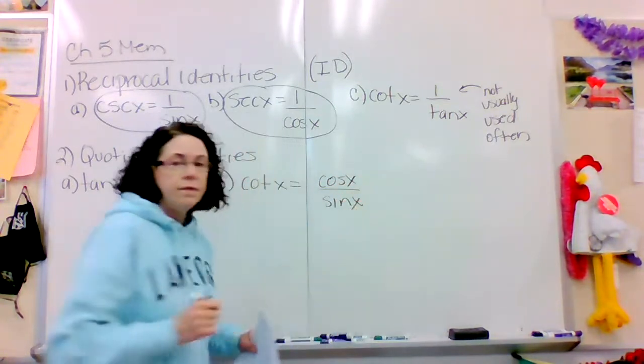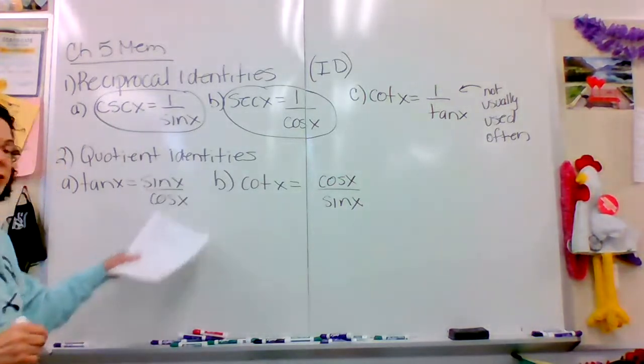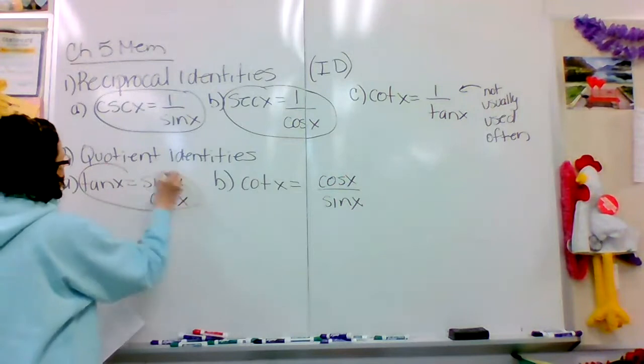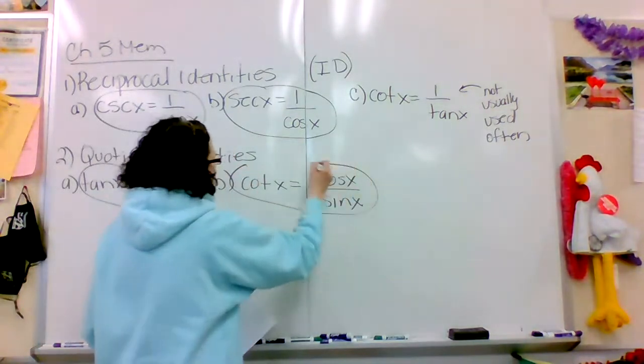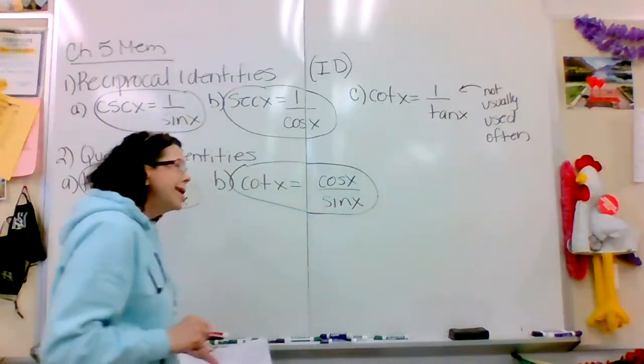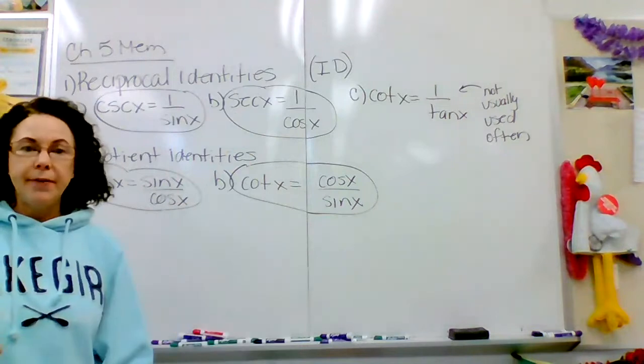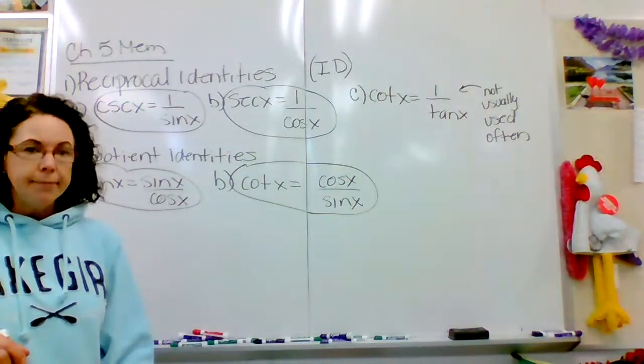These are both very useful, and they're called quotient identities, obviously, because they're quotients. I would circle these. So cotangent being 1 over tangent of x is sometimes used, but it's really more useful in this form that we have here.